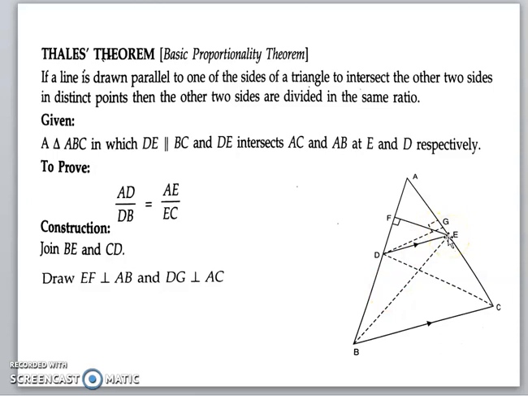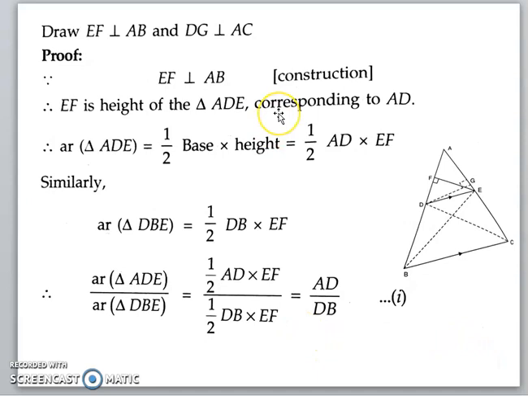One is from the point E on this side AB, that is EF, perpendicular to AB, and another perpendicular from this point D to the opposite side AC, that is DG, perpendicular to AC. So these are the constructions we will be doing.